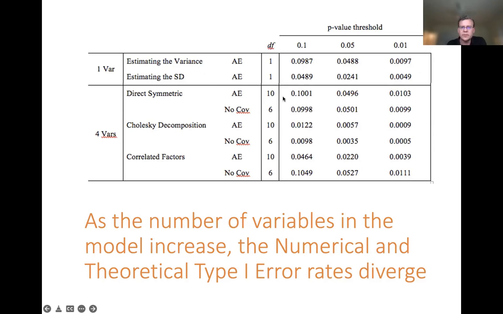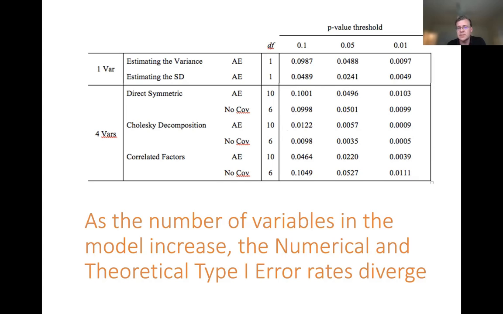Now, when we go into a 4-variable situation, again, our nominal type 1 error rate and our observed empirical type 1 error rates are really quite consistent. Whereas for the 4-variable Cholesky decomposition, you're at about almost 1/10 of the empirical distribution. And that is a substantially more conservative p-value than you're hoping to test for.